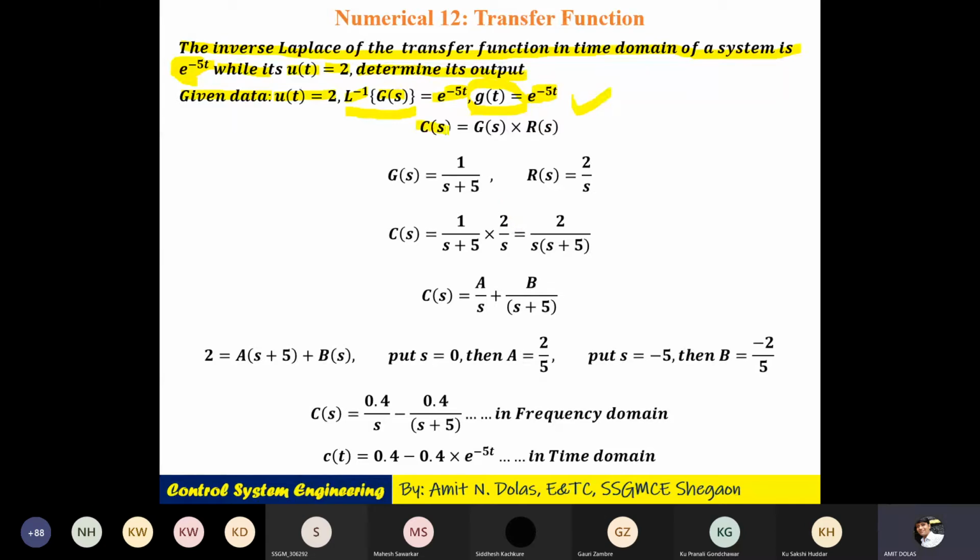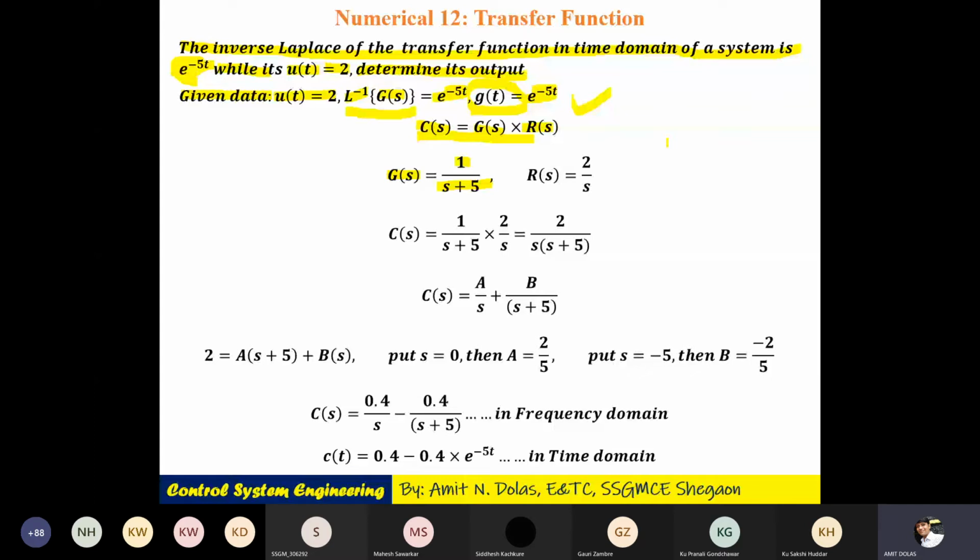Then what is c of s? C of s will be g of s into r of s, because g of s is c of s upon r of s. So it is very simple. And what will g of s be? Its Laplace transform will be 1 upon s plus 5. It is in the form of e raised to power minus at.